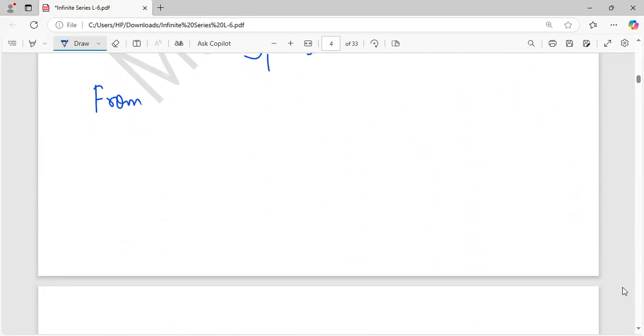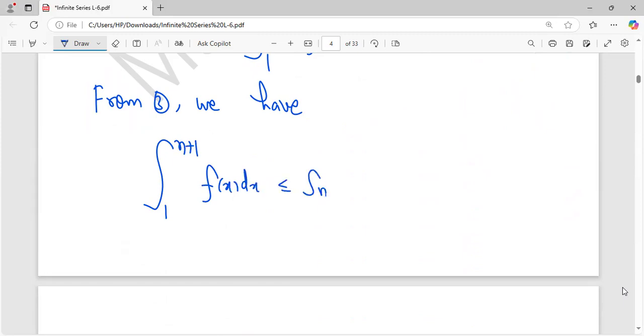Now from 3 we have the integral from 1 to n plus 1 of f(x) dx is less than Sn, and that is less than a1 plus the integral from 1 to n of f(x) dx.